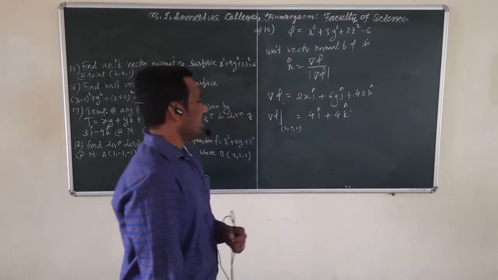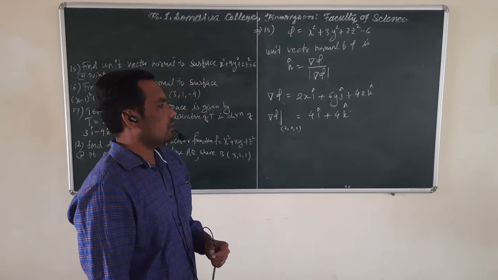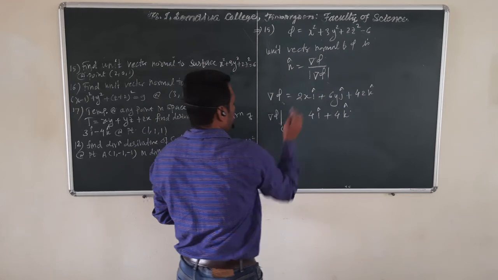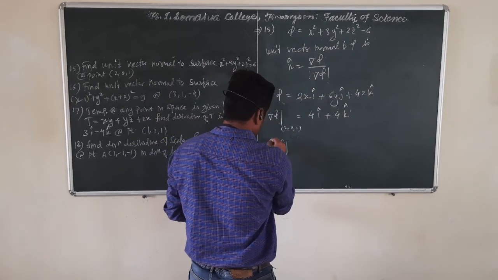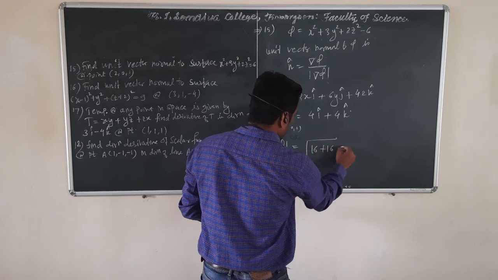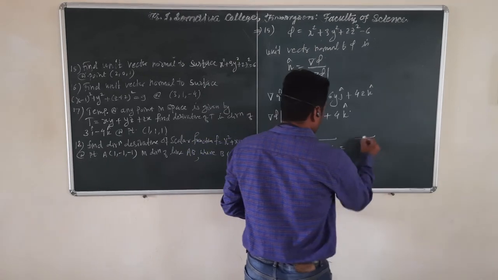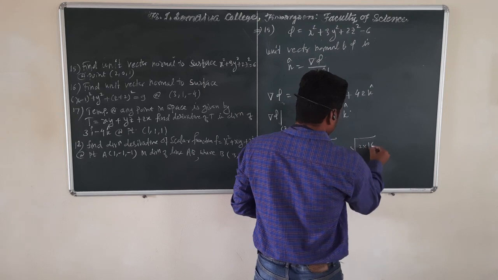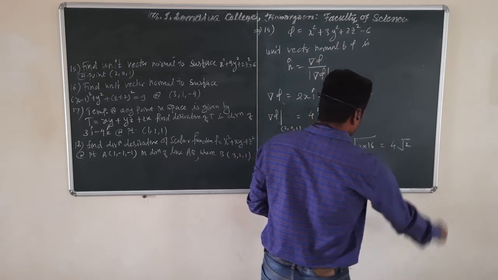So the gradient of phi at (2, 0, 1) is 4i plus 4k, and its magnitude is the square root of 16 plus 16, which is 2 multiplied by the square root of 16, which is 4 into root 2.